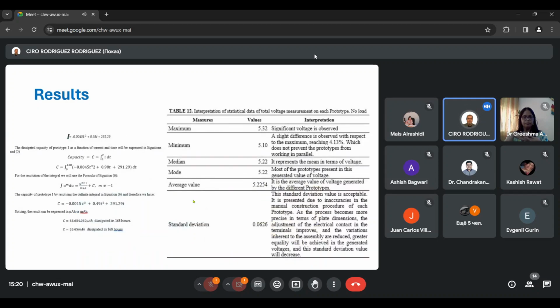And so using the different formula equations over these 168 hours, we can get voltage values of more or less 5 volts, with a maximum voltage of 5.32 and a minimum of 5.10 volts. Okay, so the median is 5.22 volts, and the standard deviation is about 0.0626.